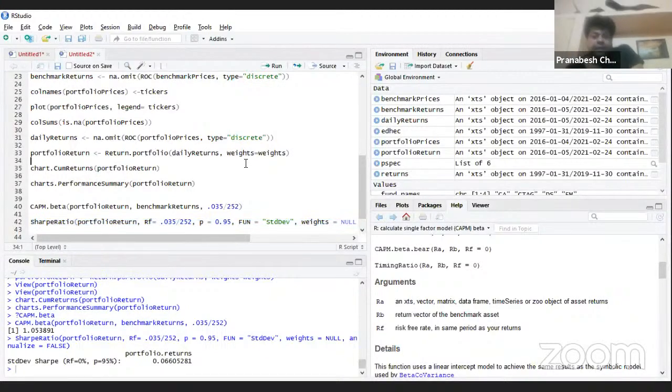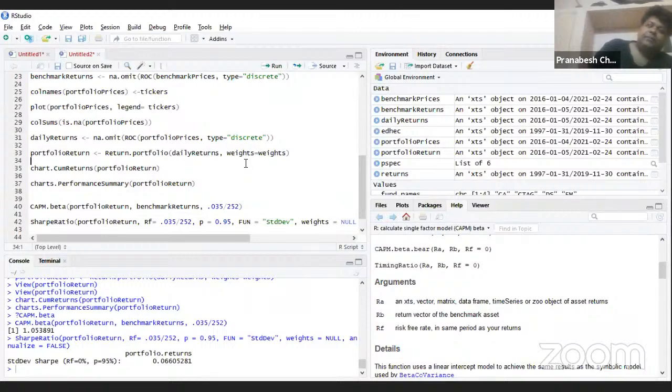So with this, we conclude today's class, and we'll continue tomorrow on a few of the other topics that we have. Whatever we have practiced, we completed three things today. One is our efficient frontier model. Second is portfolio optimization using constraints and objectives.